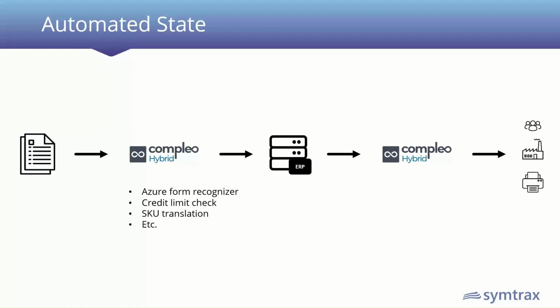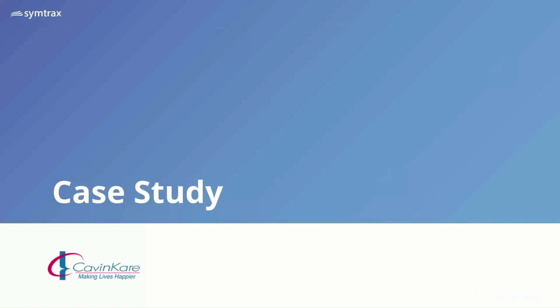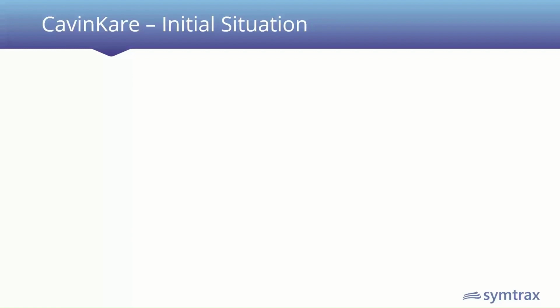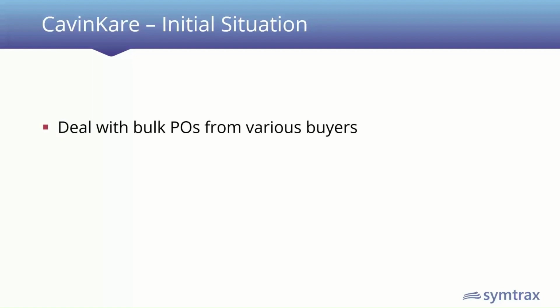And to share with you case studies of what we have done for our clients, in particular for purchase order management. This is an FMCG client called Caffeine Care. What Caffeine Care has been doing is processing their POs from various buyers. On a daily basis, they receive a lot of POs, and all these POs are in different formats.